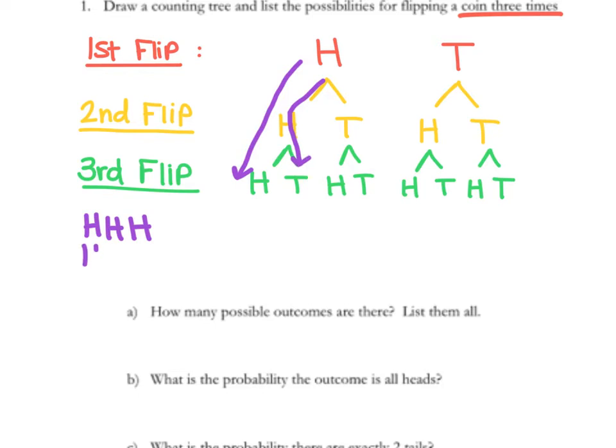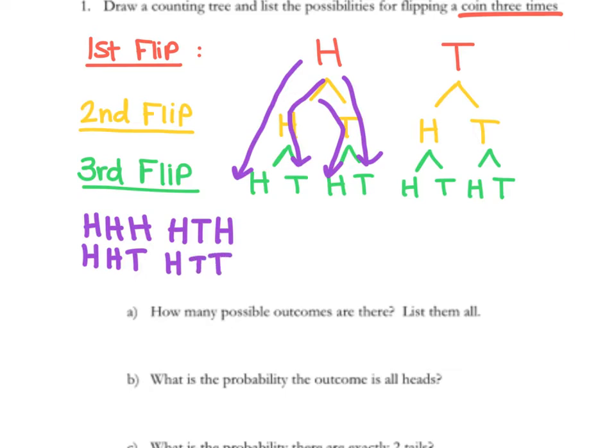I'm just following all of these little branches. I could get HTH, heads, tails, heads. I could get HTT, heads, tails, tails. Or I could go to my next little tree branch, and I can get tails, heads, heads.